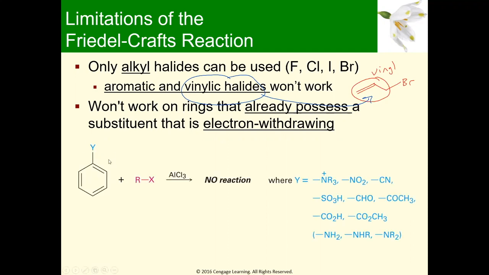This diagram in your notes shows that if this substituent, which we're abbreviating with the letter Y, happens to be any of these groups over here, and there are lots of them, they have something in common. It's something that's pretty electronegative, like nitrogen or a carbonyl group. All these, CO2H, CO2CH3, involve the C double bond O, the carbonyl group, and so that's an electron withdrawing group. Those are situations where you cannot do a Friedel-Crafts reaction.